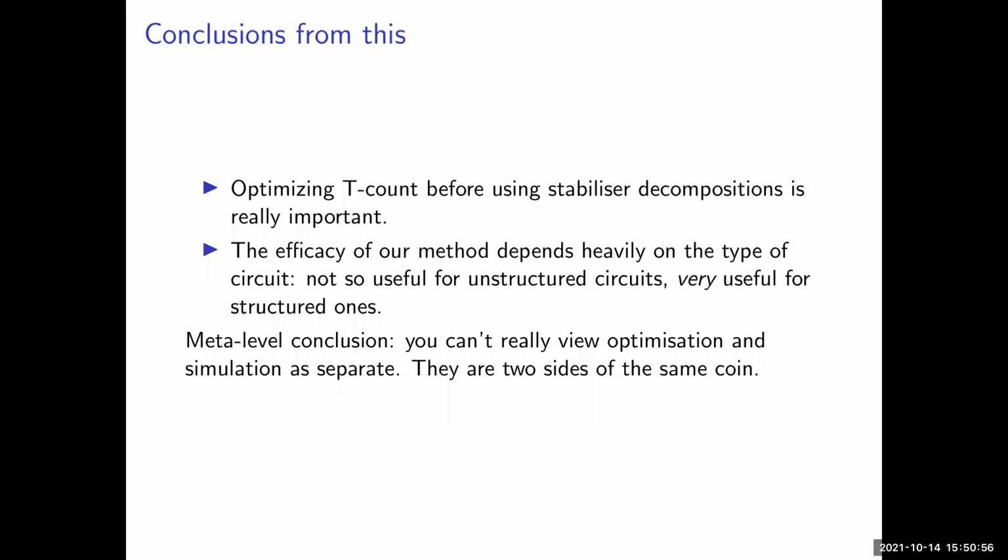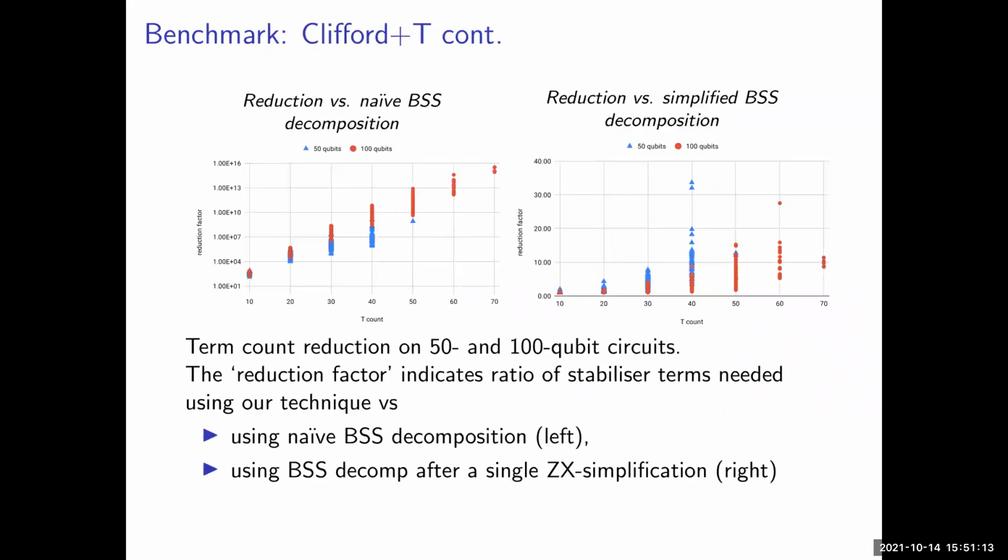So it looked like a lot of the success of the procedure came from optimizing away T gates in the initial circuit. That was my takeaway from the comparison you showed. Is that the correct interpretation of this?